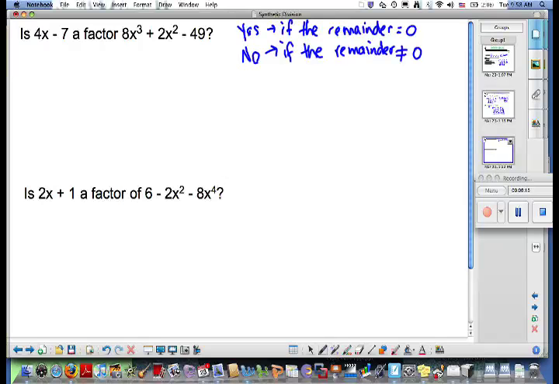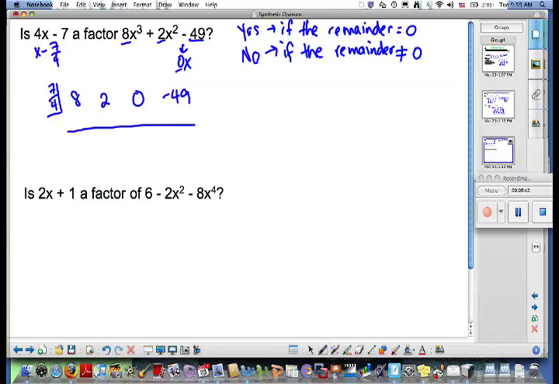We divide. Now, with 4x minus 7, we know that that came from x minus 7/4, if you remember back to the 5-step factoring. So 7/4 is what is going to go in our box. For our coefficients, we have 8, 2, there's no x term, so that would be 0x, and negative 49. So 8, 2, 0, and negative 49.